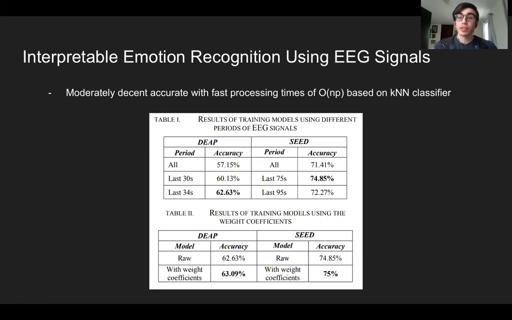Now, although the accuracy jump isn't super substantial, only in the realm of about 0.5%, my apologies, it's still significant. It's also important to note, as you'll see in later slides, that the processing time here was quite fast, with a time of Omega(NP) notation, based off the slowest classifier, which was the k-nearest neighbors classifier.